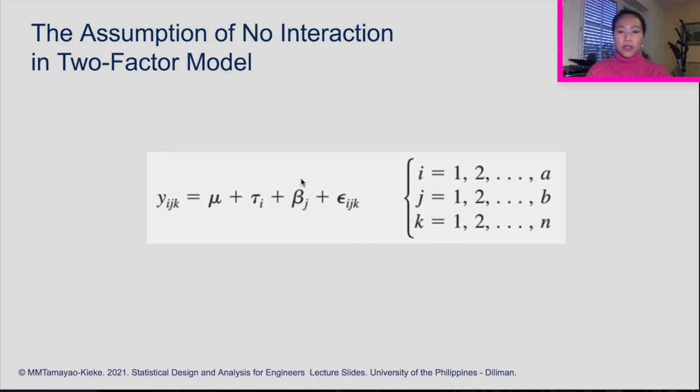Of course, the simplified version lacks the interaction term. As a caveat though, the assumption of no interaction should be used with care because the presence of significant interaction can have a substantial effect on the interpretation of data.